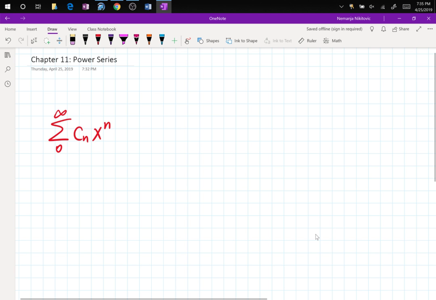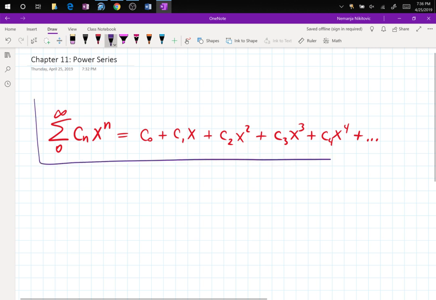Now, what this is over here is just a polynomial: C0 plus C1x plus C2x squared plus C3x cubed plus C4x to the 4 plus ... going to infinity. So that's what the power series is. I get to box this and just say power series.